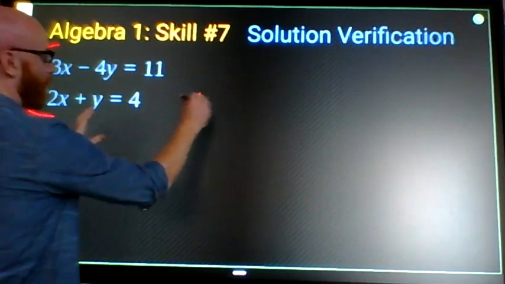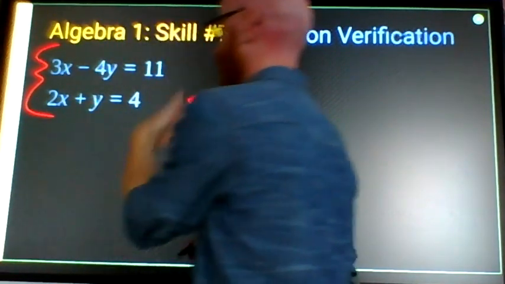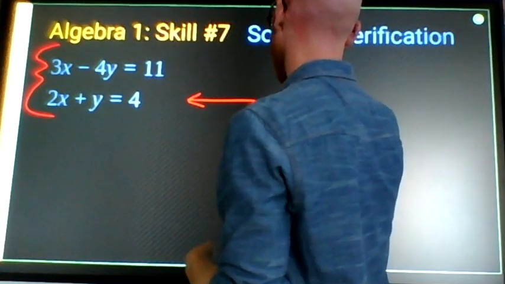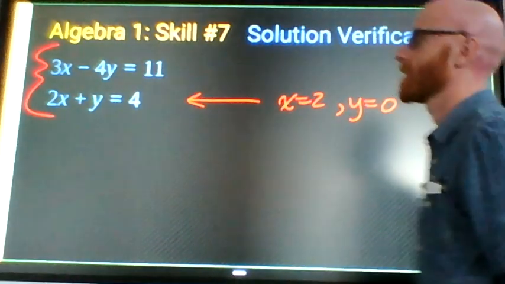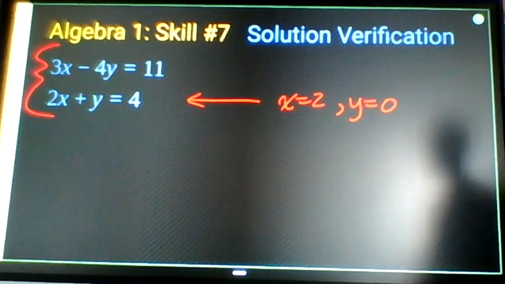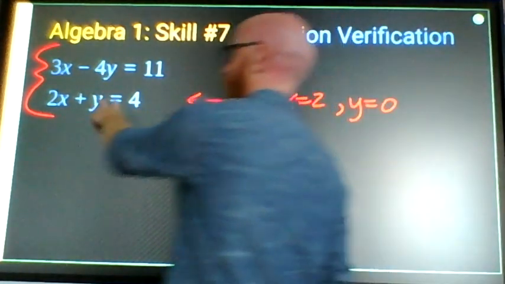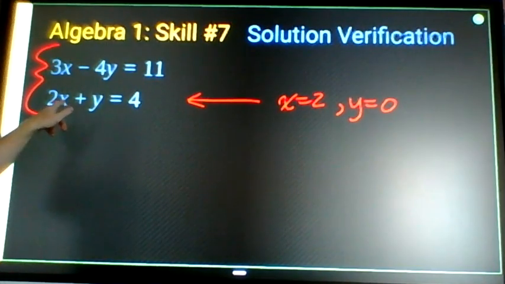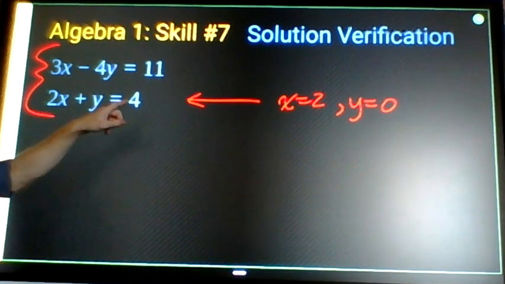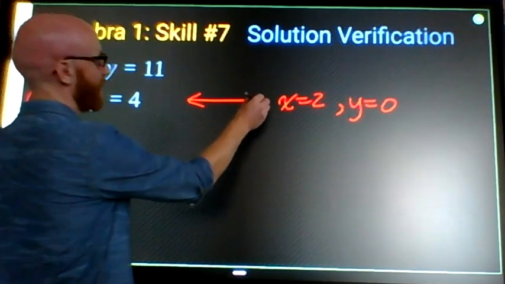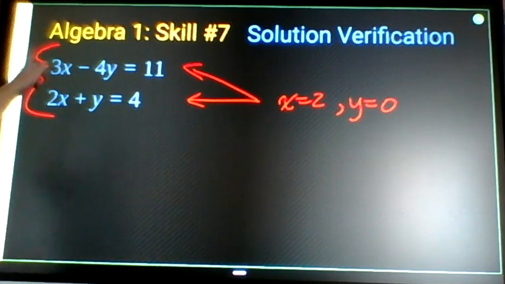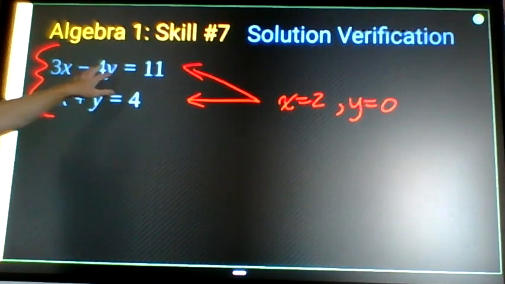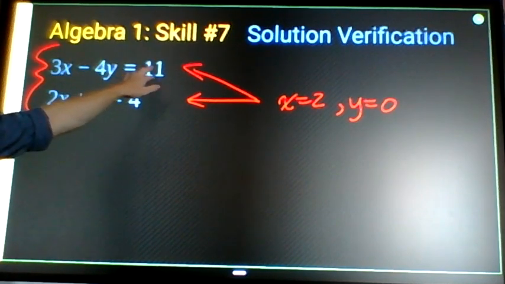So if I said is x equals 2, y equals 0, a solution to this system of equations, right? This works for the lower equation. 2 times 2 is 4, plus 0 is 4, okay? But you also have to test it for the upper equation, right? 3 times 2 is 6, minus 0 is not 11, okay?